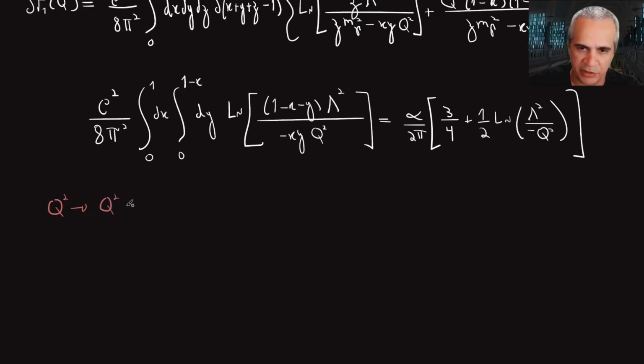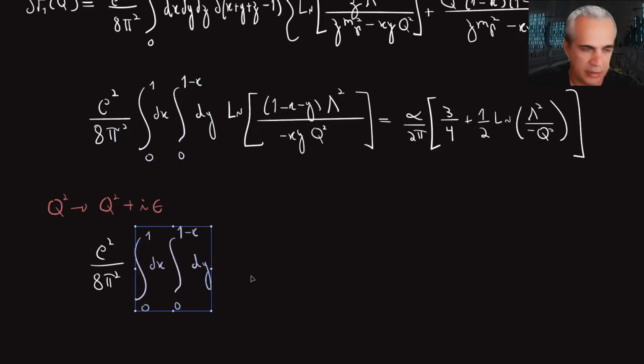So we exchange Q square for Q square plus i epsilon. In fact, that would be already here if we have kept the i epsilons everywhere from the start, right? And so the integral on that part will be just, again, the integral of, this is a common factor. Again, I have these two integrations, right? And the integrand becomes Q square, 1 minus x, 1 minus y.